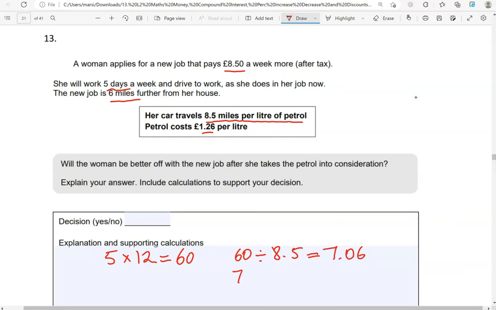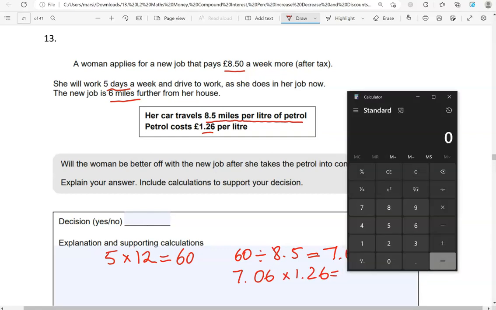And if I multiply that by 1.26, should give us the cost, which is 8.8956.